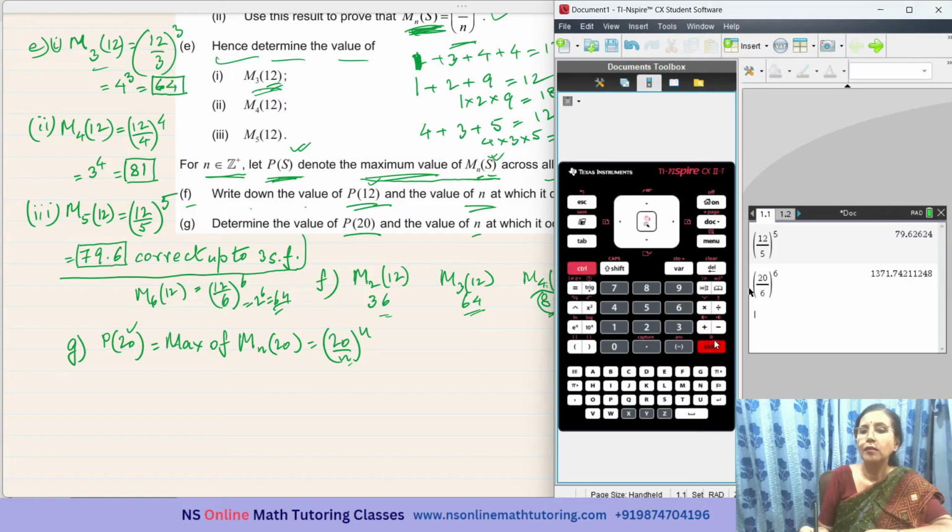And 20 divided by 7 raised to the power of 7.